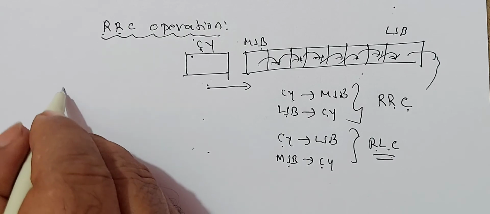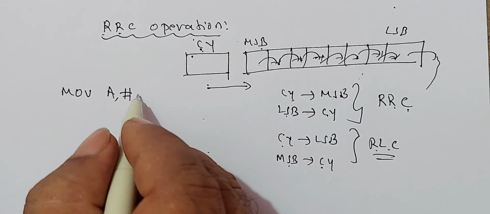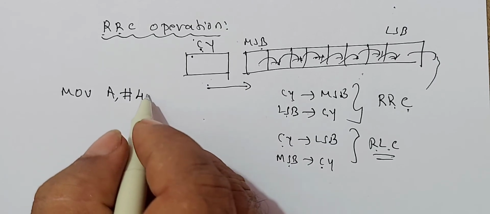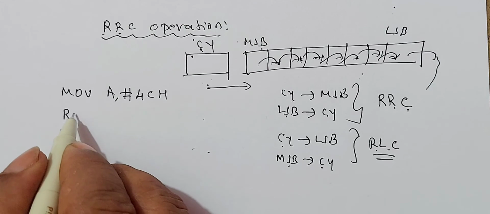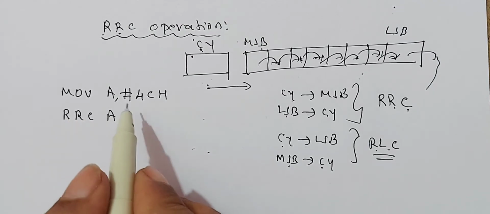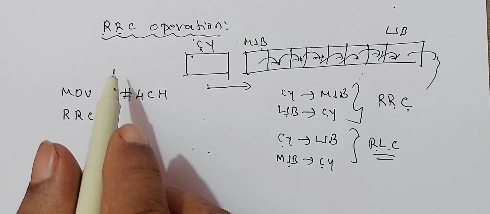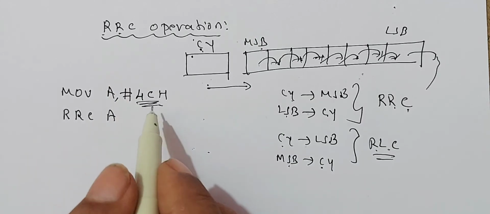Example, MOV A, #, we can take any value you want. I will take 4CH, and the next operation is RRCA. Here carry is not mentioned in this instruction, therefore we can take carry bit as 0. What is 4C?